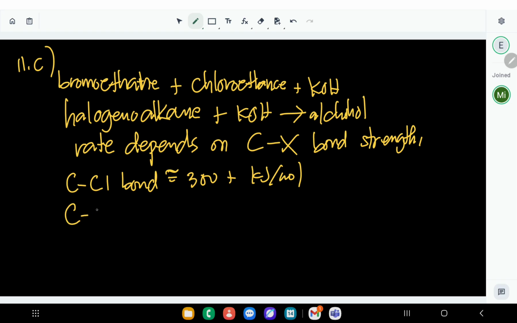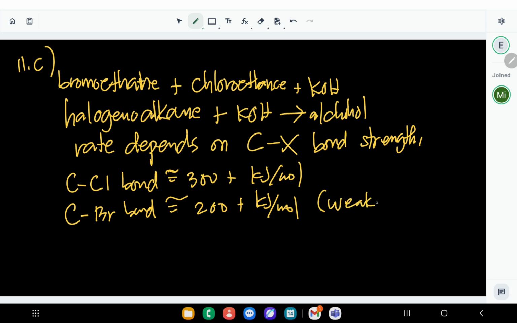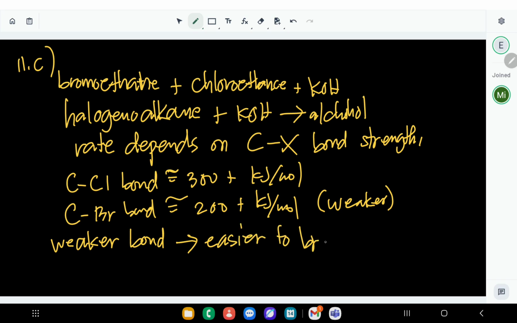And for a carbon bromine bond, it is approximately 200 plus kilojoules per mole. Therefore, this bond is weaker than the carbon chlorine bond. So a weaker bond means easier to break, and that means the bromoethane here reacts faster than chloroethane.